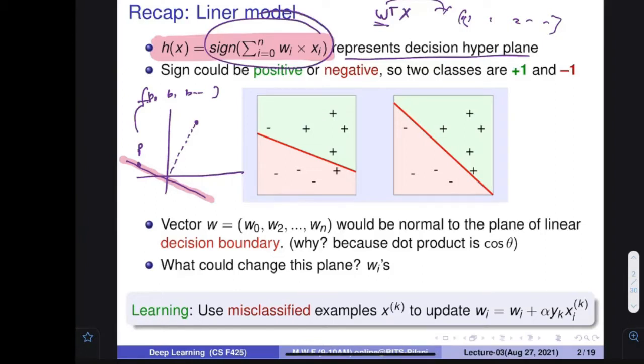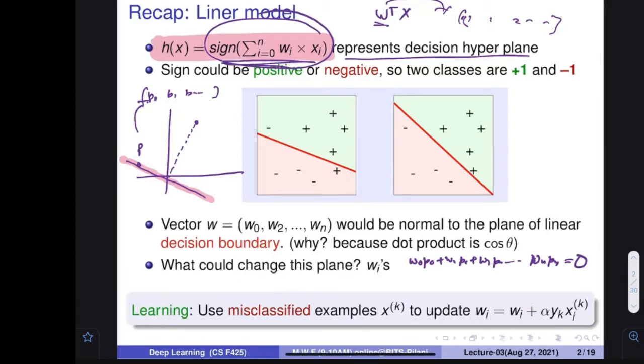You get W0 P0 plus W1 P1 plus W2 P2 up to Wn Pn. What is the value of this? This value must be 0, because this point is on the plane, and this is the equation of the plane.